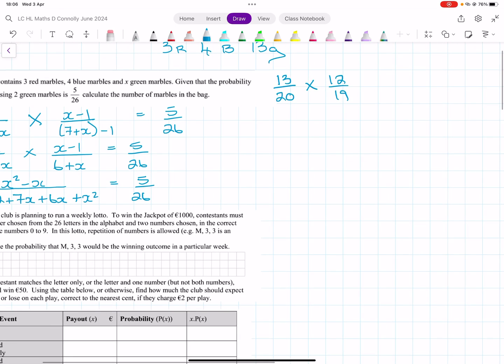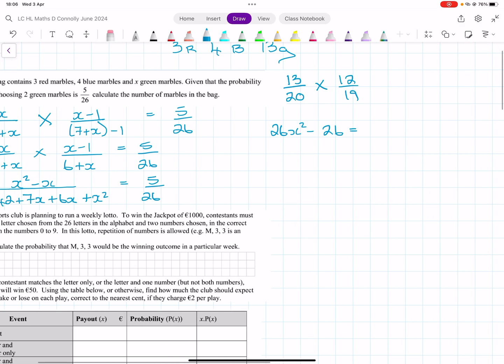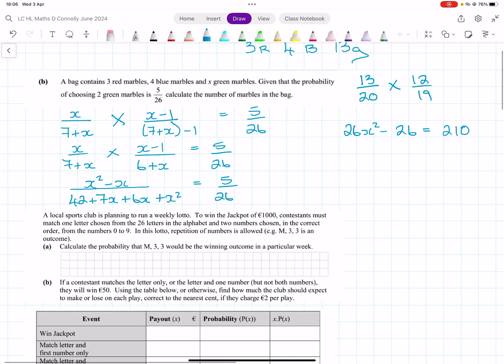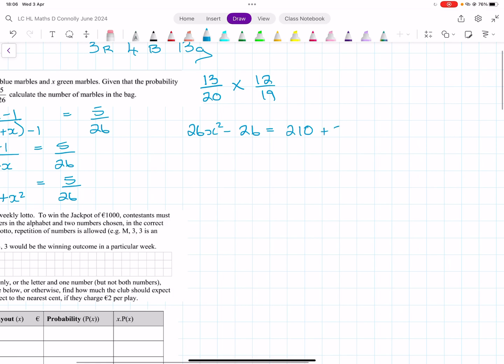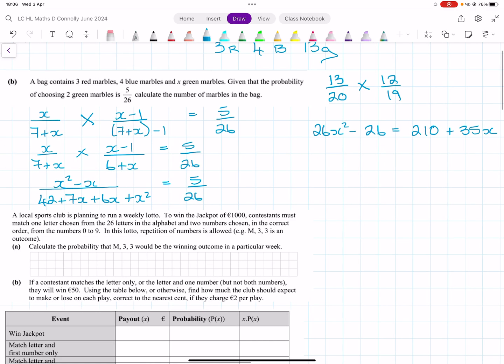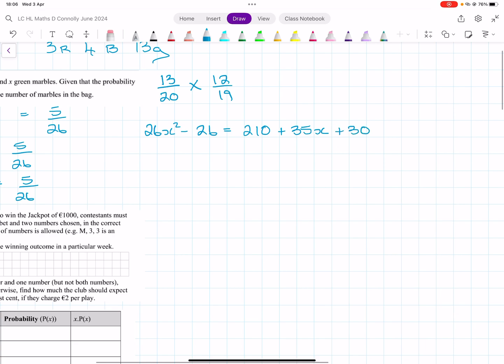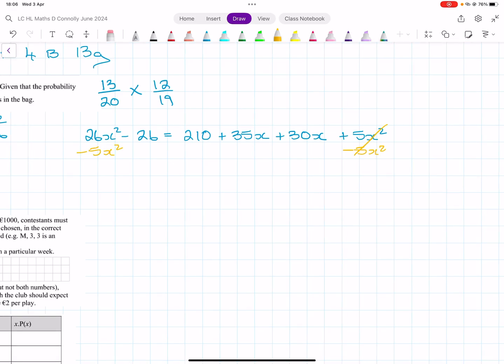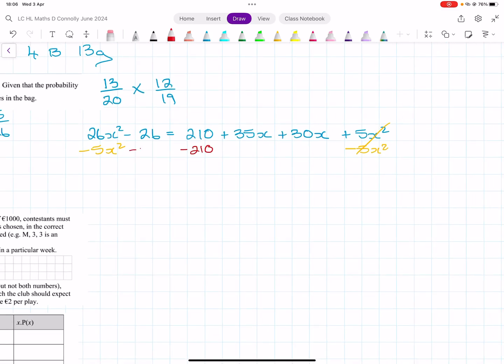Cross multiply is 26x squared minus 26 equals 5 by 42, which is 210. 5 sevens are 35x, 5 sixes are 30x, and then that's just 5x squared. Okay, so I'm going to minus 5x squared on both sides, and minus 210 on both sides.